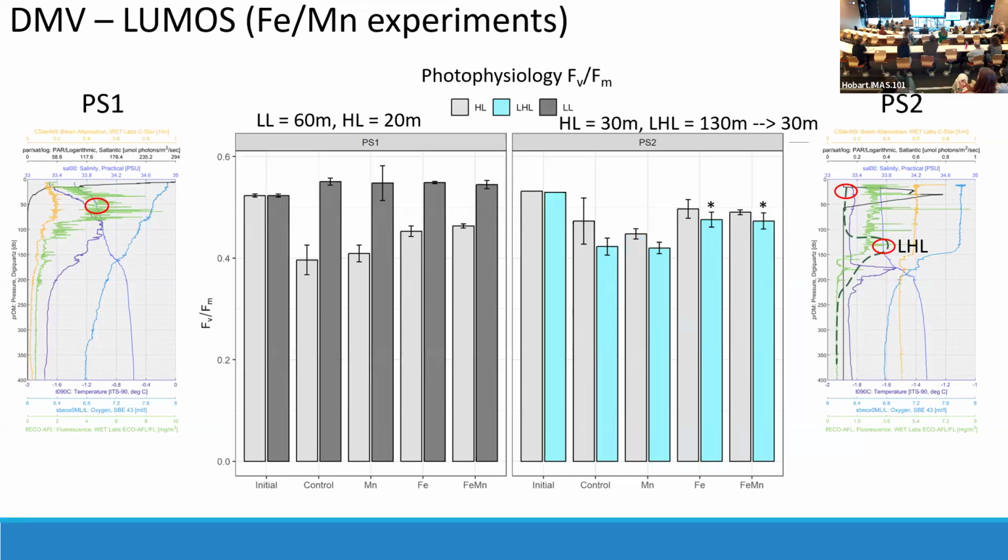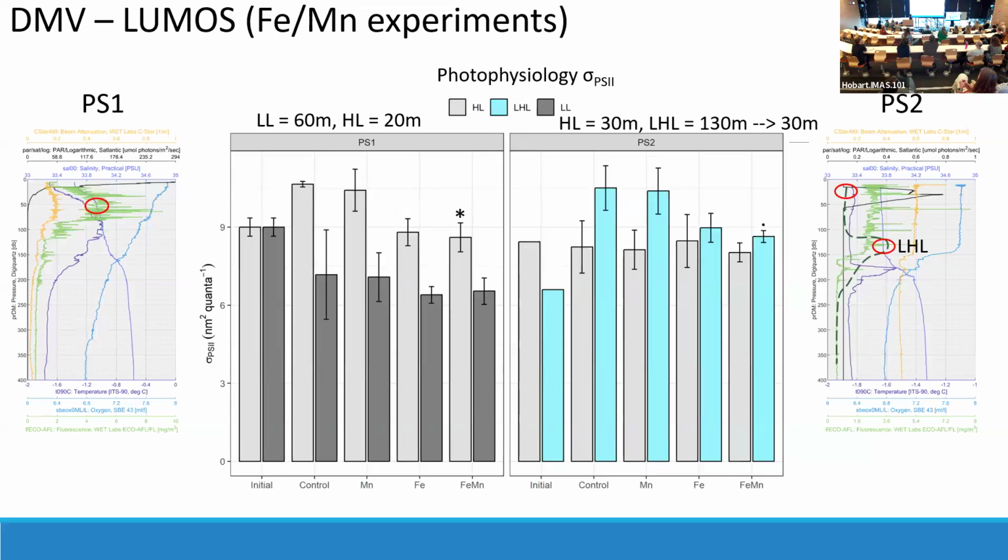If we look at Fv/Fm, which, just reminding you, is how well the cells are photosynthesizing, we again didn't have much significant result, but a trend with an increase in Fv/Fm with iron addition for PS1. And we had a significant result for PS2, where the deep communities that were brought back to the surface needed iron to be able to photosynthesize better.